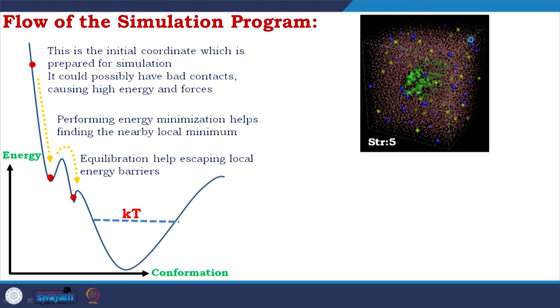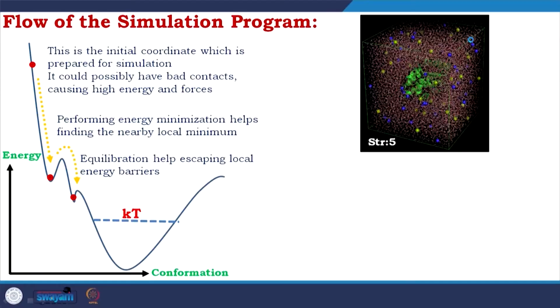These ensembles would be used to equilibrate the sample to escape the local energy barrier. Then from there we will come near to the global minimum, and this would be done by the classical simulation samples. We will get the thermally accessible states.